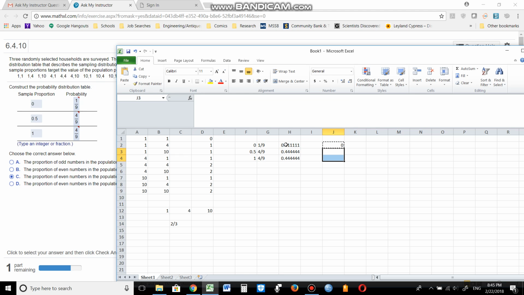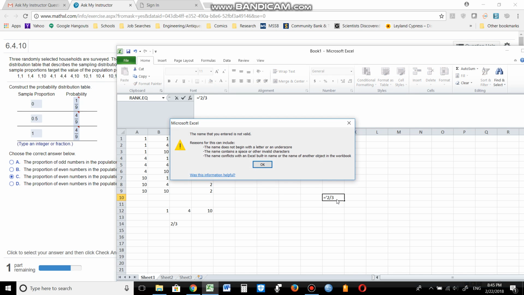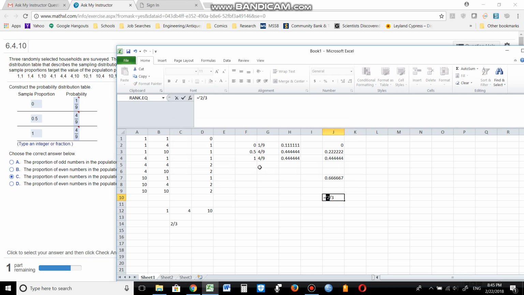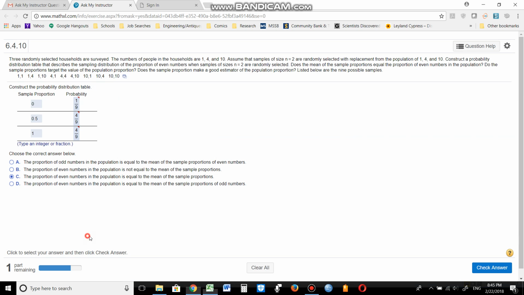Let me copy these down here, and then I add these results up, and that gives me 0.66667, which is equal to 2 divided by 3. Indeed, 2 divided by 3 is 0.66667.